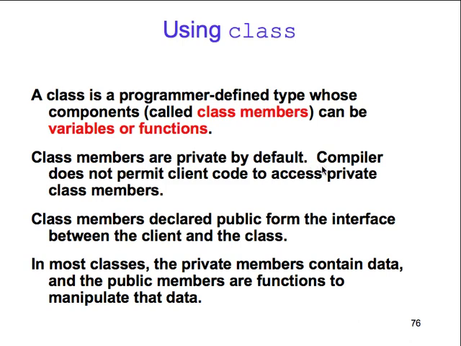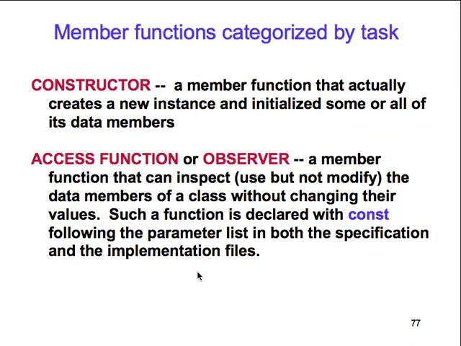So we mark things private to say, hey, client code, you can't touch this. So class members are declared public. The members are the data functions because they provide what's referred to as the public interface to the class from the client code. In most cases, private members contain the data. The public functions manipulate that data, as I mentioned before.